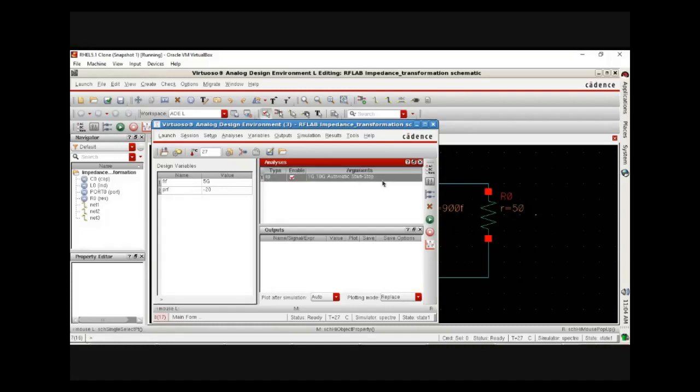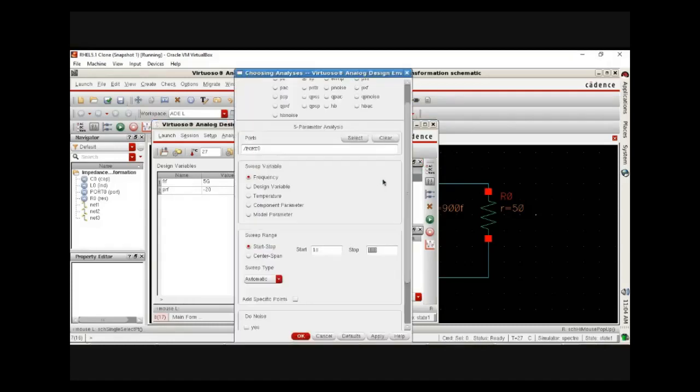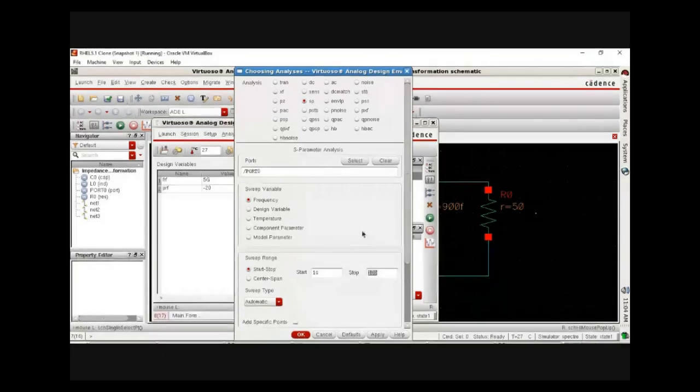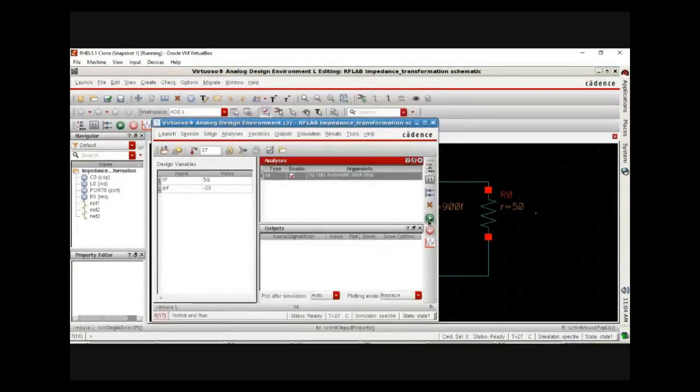I have selected the port. I am sweeping the variable from 1 giga to 10 giga, and the analysis which needs to be enabled is this SP analysis. So that I have done, and I'm just simulating this.